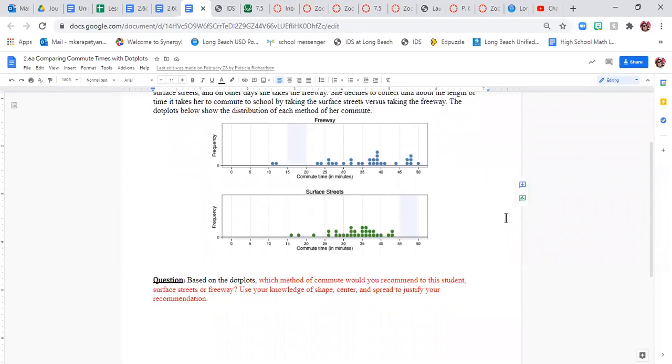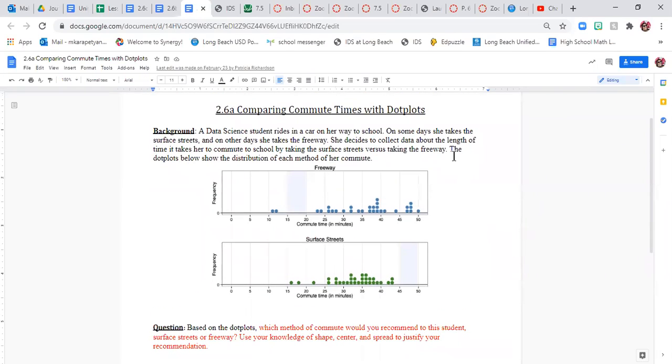We have comparing commute times, and we're given the same exact scenario. A data science student rides in a car on her way to school. Some days she takes surface streets, other days she takes the freeway. She decides to collect data about the length of time it takes her to commute to school, by taking the surface streets versus taking the freeway. The dot plots below show the distributions of each method of her commute.